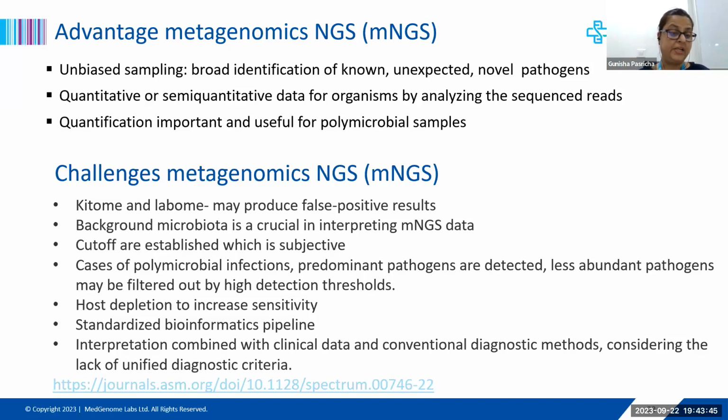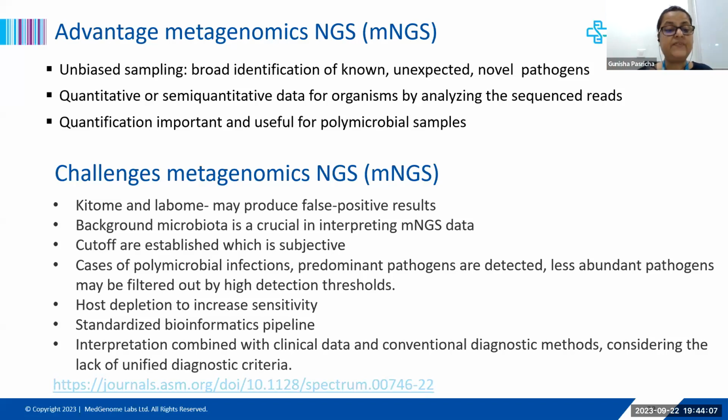In cases of polymicrobial infections, predominant pathogens are detected, and less abundant pathogens may be filtered out, where a high detection threshold should be used. Host depletion becomes very important, because if you're extracting from plasma, 95% or 99% of the sequencing reads will be human.